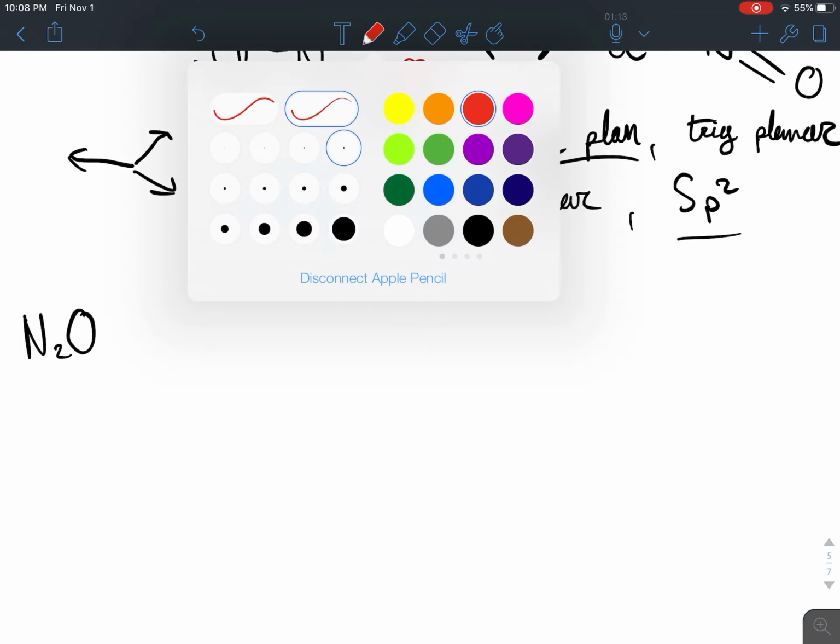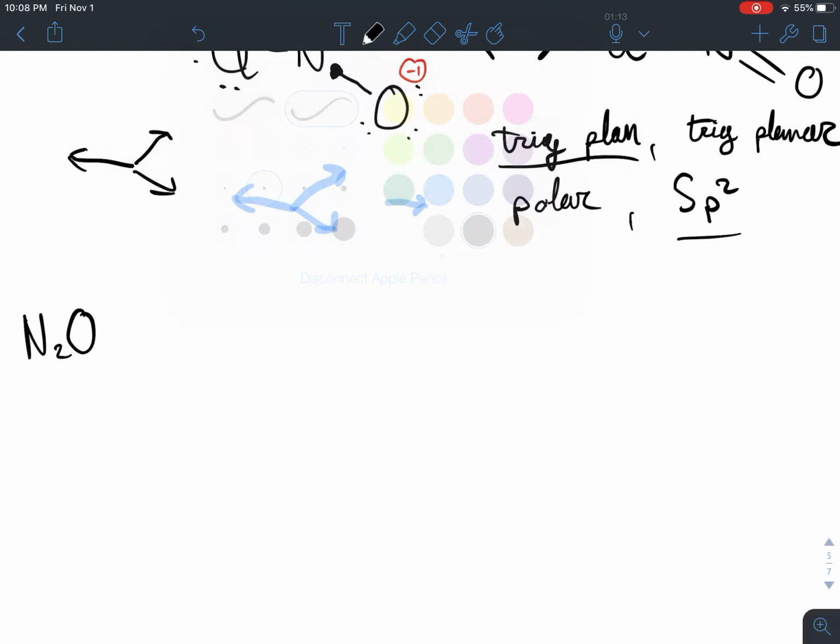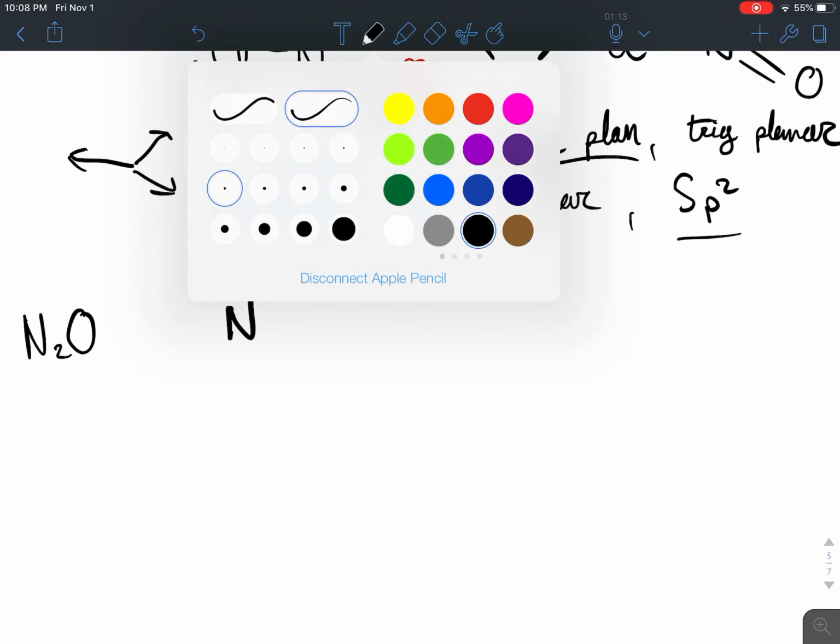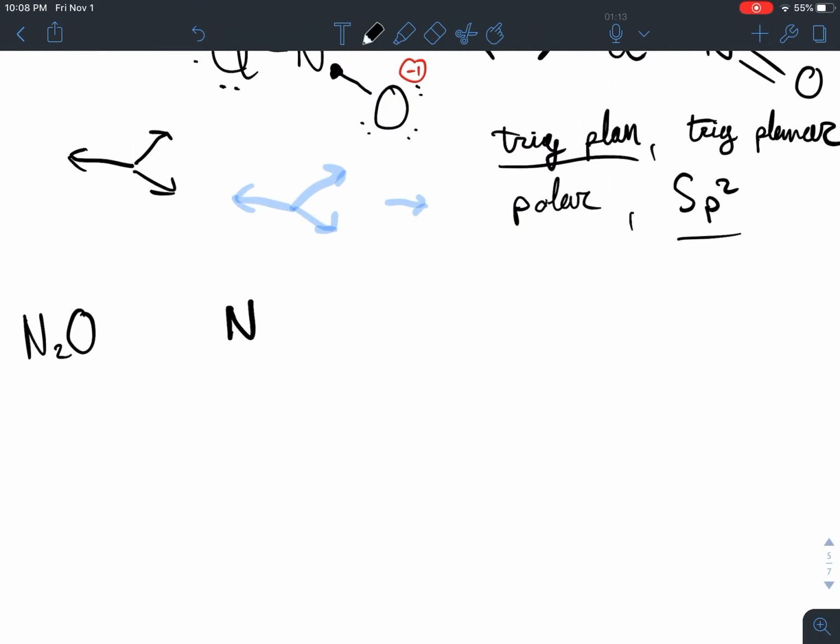So I guess let's see if we get a sensible thing from nitrogen as the central atom. Okay, oxygen has 6.